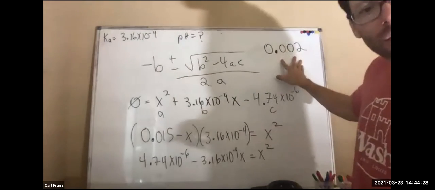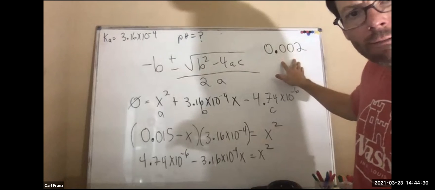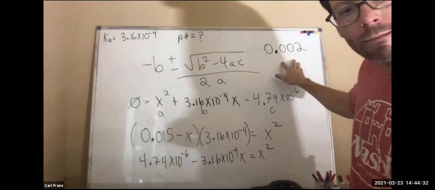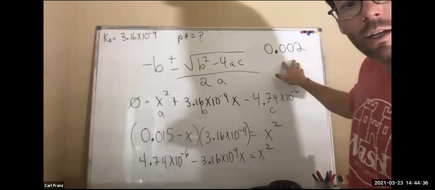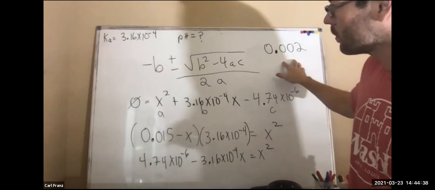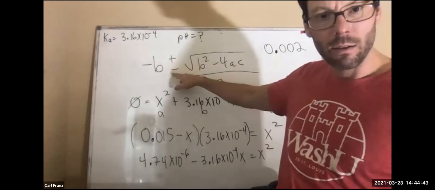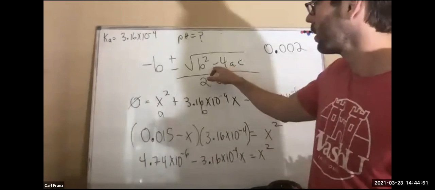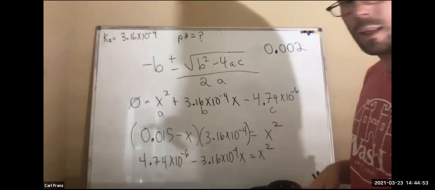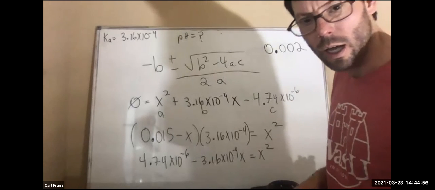Okay, did anybody else get 0.002? Yeah, I got a negative 1. Miranda, was that when you added or when you subtracted? I haven't done the adding or subtracting yet. That 0.002 is just the right side of it. And Jair has that as well.